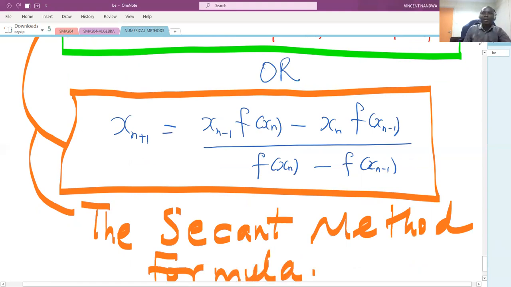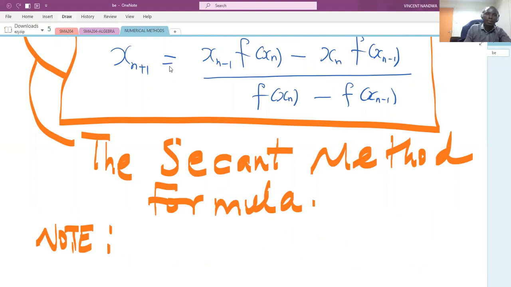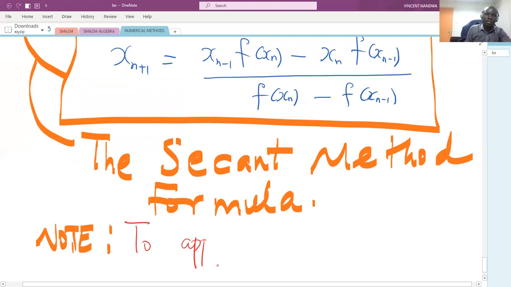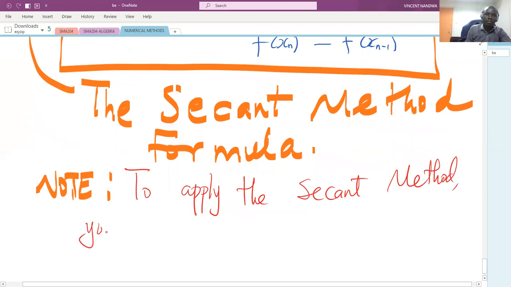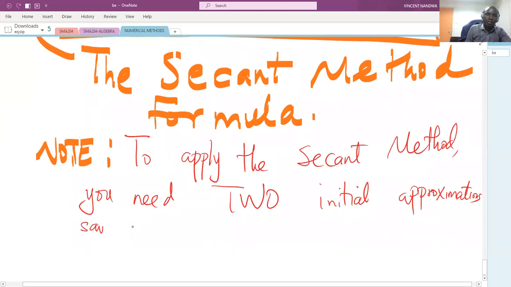To use the formula, remember, a key note: to apply the secant method, you need two initial approximations, say x0 and x1.